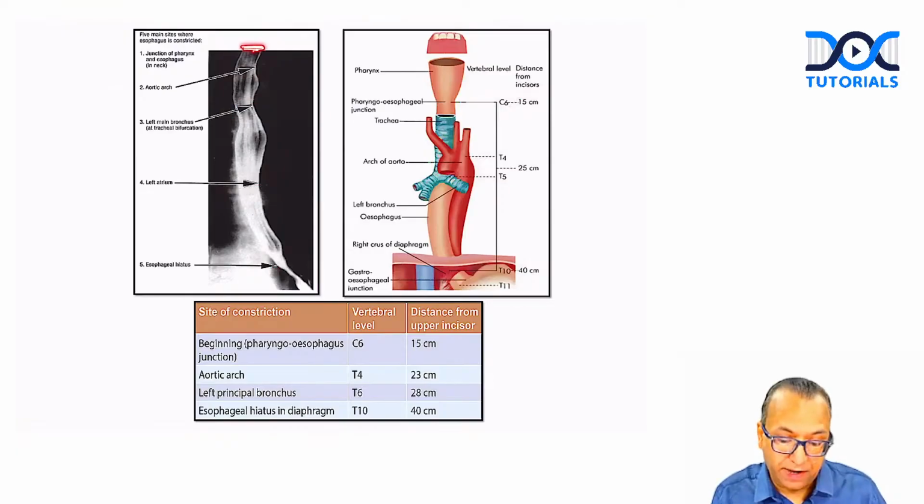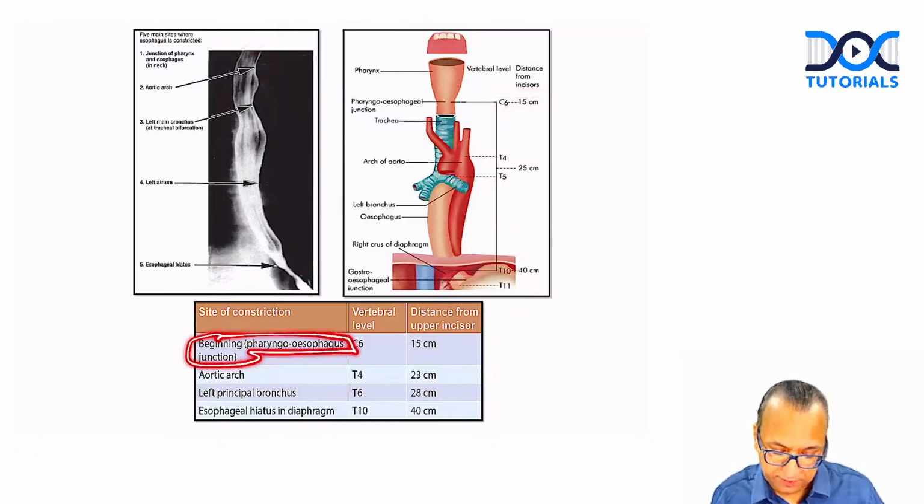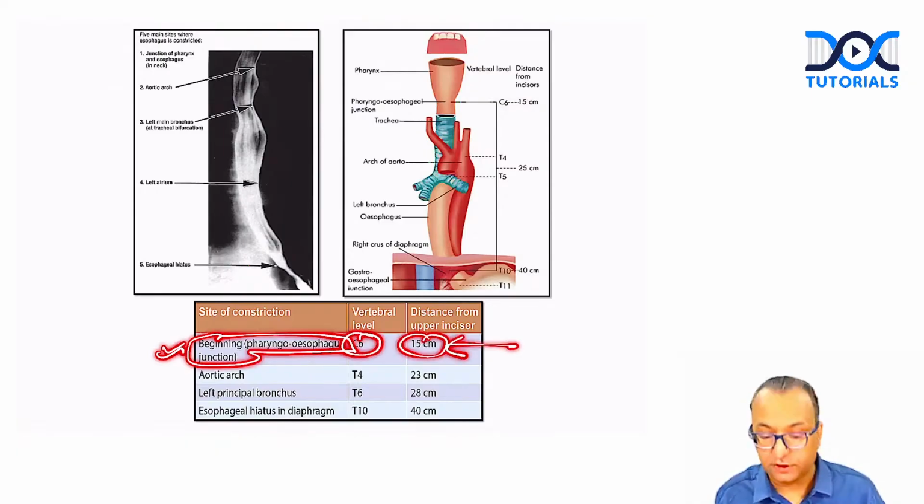See, just at the beginning of the esophagus, 15 centimeter from upper incision, C6 level, there is the cricopharyngeal sphincter, the narrowest lumen of the esophagus. That is the first narrowing: beginning of the esophagus, cricopharyngeal sphincter, C6 vertebra, 15 centimeter from upper incision.